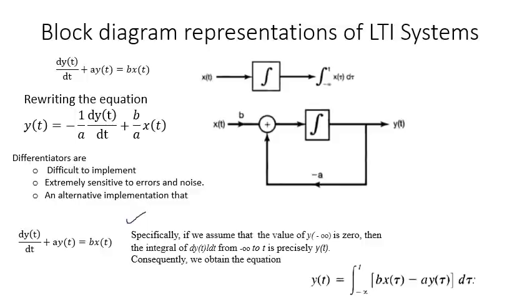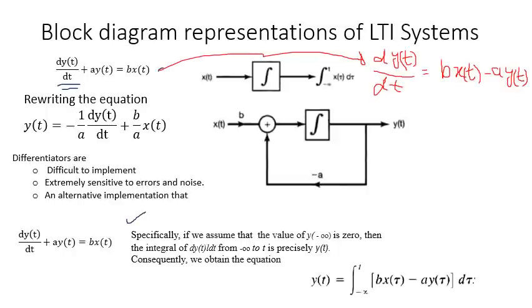So if I take the derivative of this equation, I get y of t equals to, you understand that we can represent it like, let me write it. So if I take the integration of both sides of this equation, it will result into something like this. And now we get rid of the derivative.